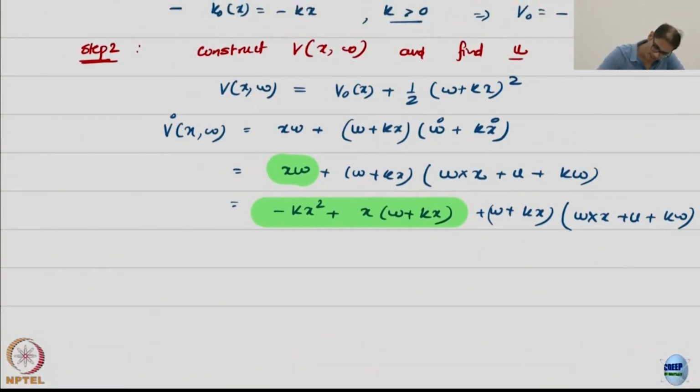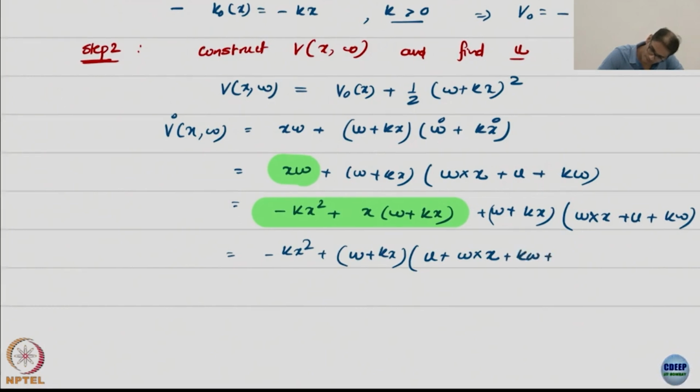So basically I have minus kx squared plus omega plus kx times u plus omega cross x plus k omega plus x, alright.